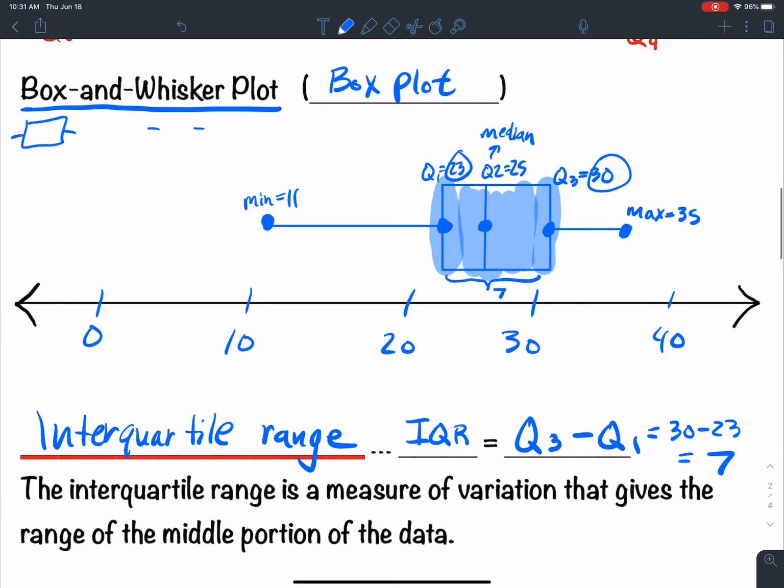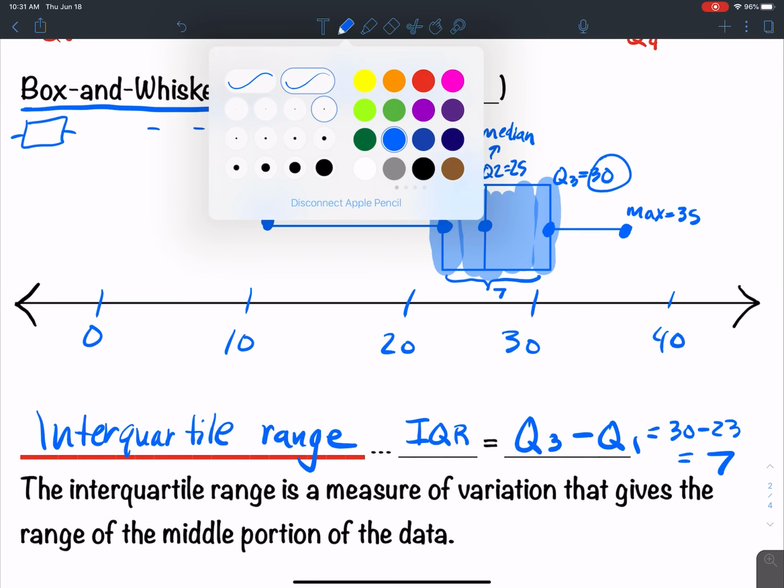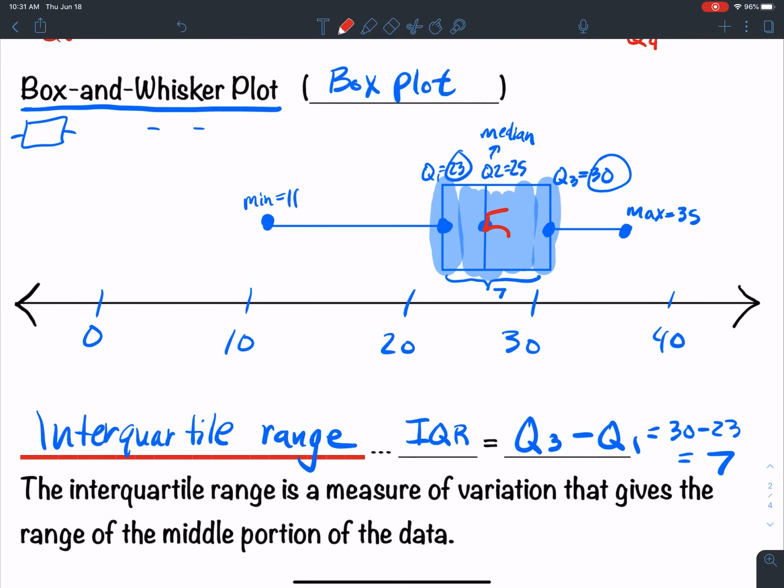This is what I like to call the middle 50, the middle 50%. Why do I say the middle 50% here? Well, there's 25% over here, and there's 25% over here, right? Each one of these box and whiskers represents a 25% block because of the quartiles.